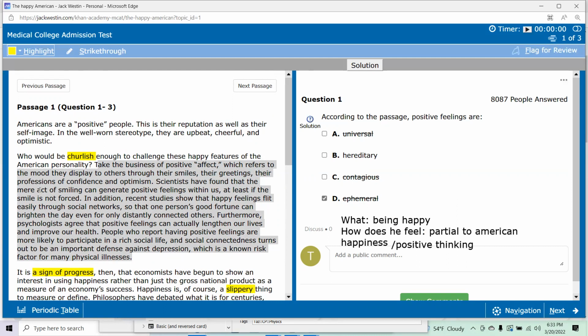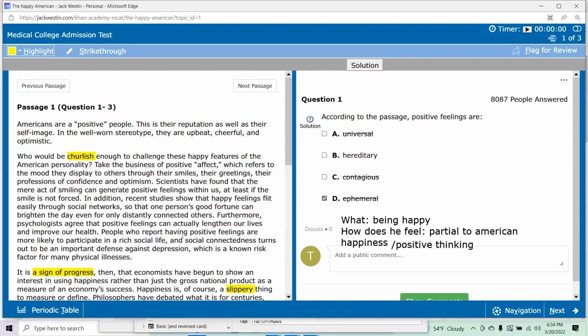Scientists have found that the mere act of smiling can generate positive feelings within us, at least if the smile is not forced. In addition, recent studies show that happy feelings flit easily through social networks, so that one person's good fortune can brighten the day, even for only distantly connected others. Furthermore, psychologists agree that positive feelings can actually lengthen our lives and improve our health.